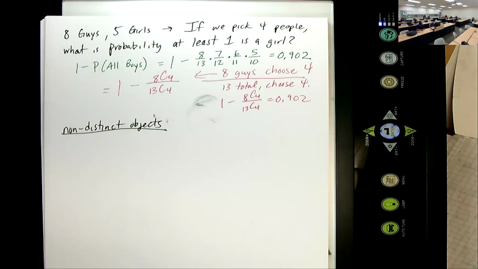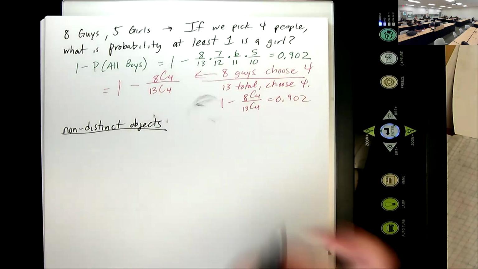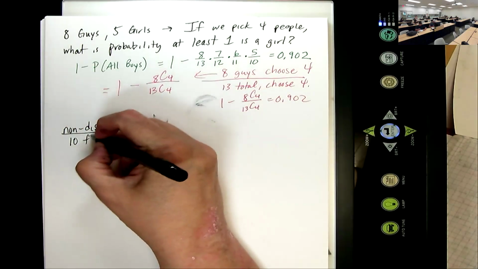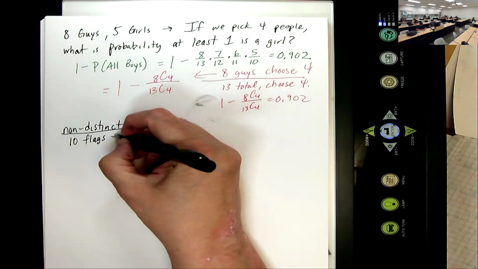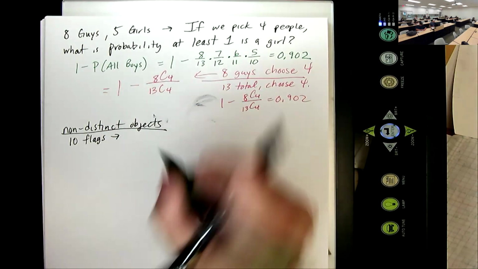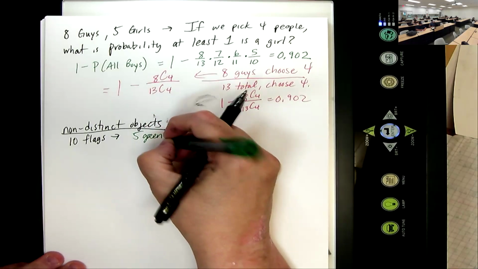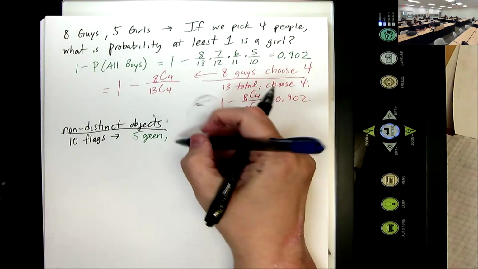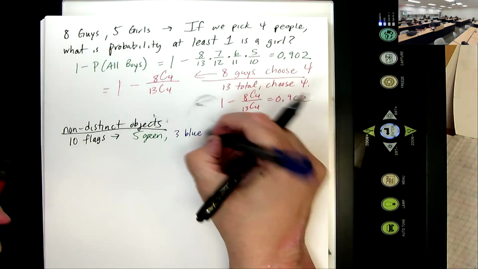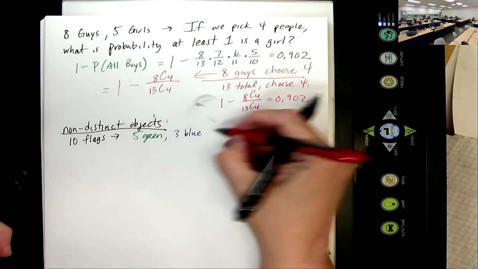Let's see, I've got blue, red, and green pins. Let's say we've got 10 flags, and 5 are green, three blue, and 2 red.